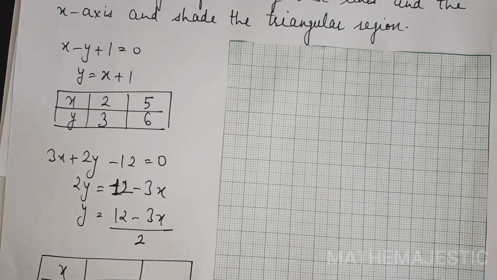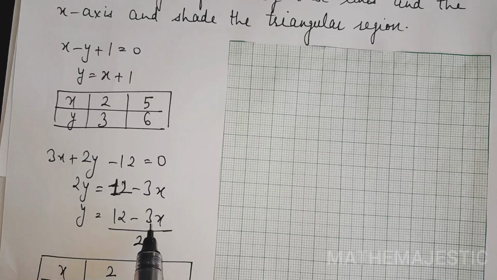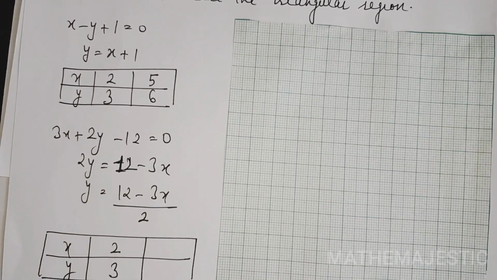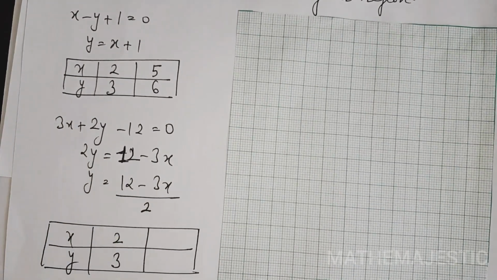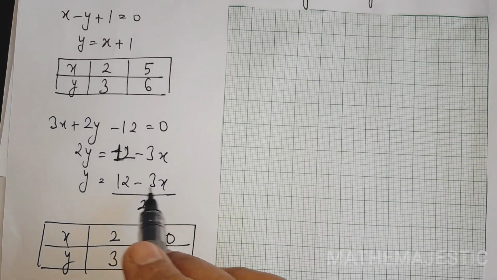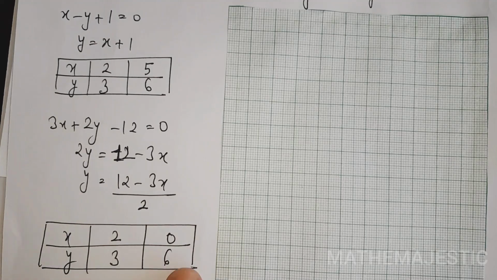If we take x as 2, 3 twos are 6, 12 minus 6 will be 6, 6 by 2 will be 3. Then we get x 2, y 3, and if you take any other value, like x 0, 3 zeros are 0, 12 minus 0 is 12, 12 by 2 will be 6. So we get these 2 points here.